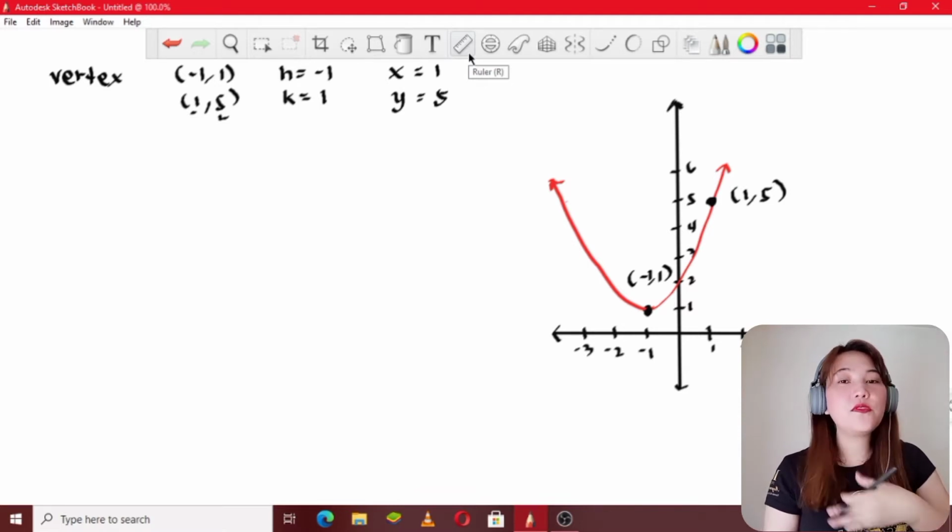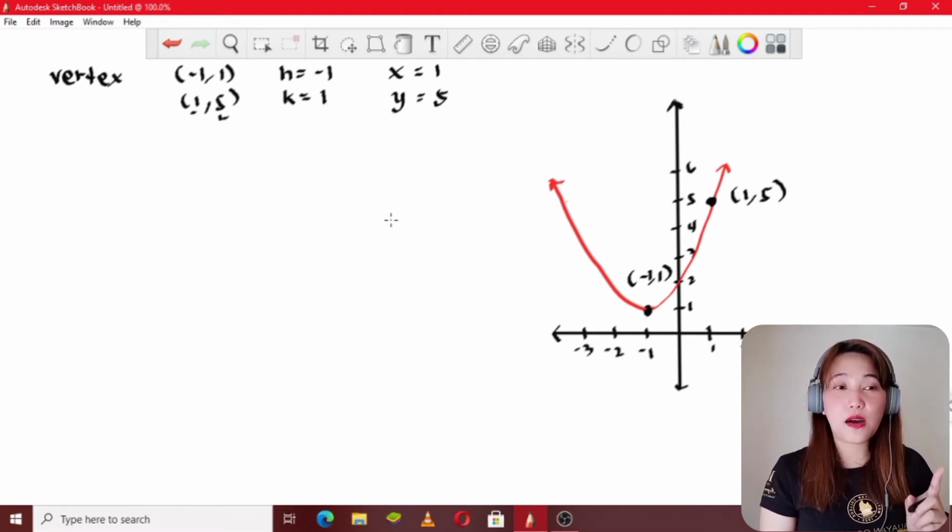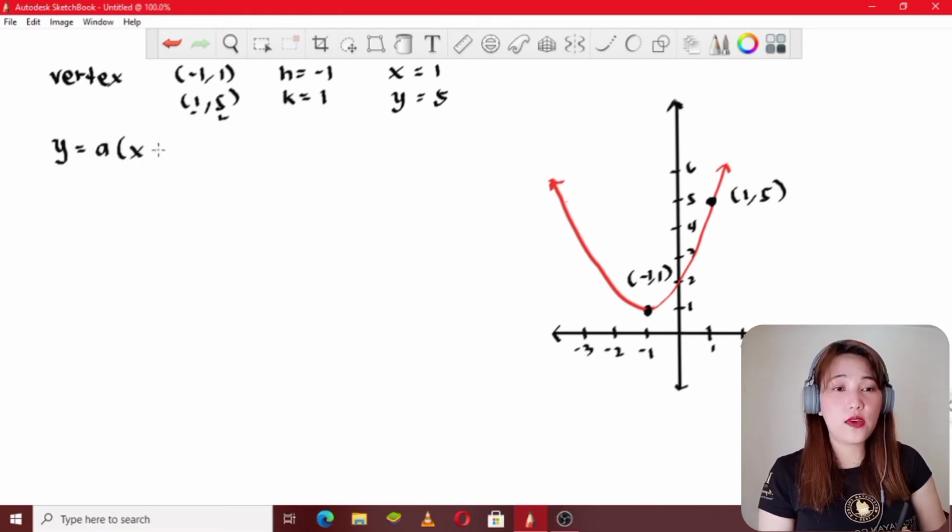So we identified the vertex and any point on the graph because we need to identify the h, k, x, and y. Okay? So since na-identify na natin yung mga points na yun, we will be using the vertex form of a quadratic function. And again, that is y equals a times the quantity of x minus h squared plus k.